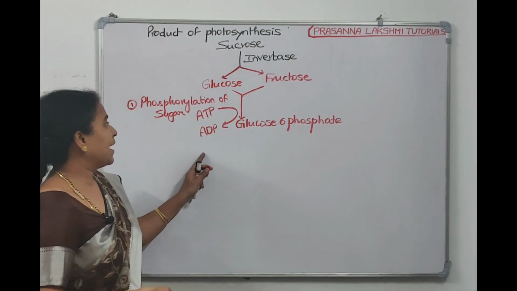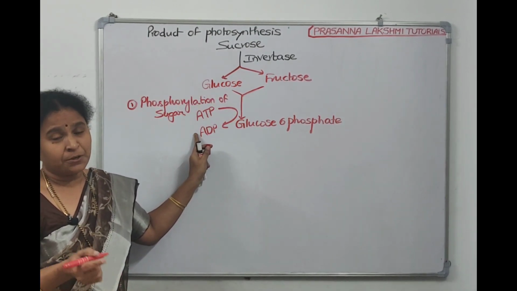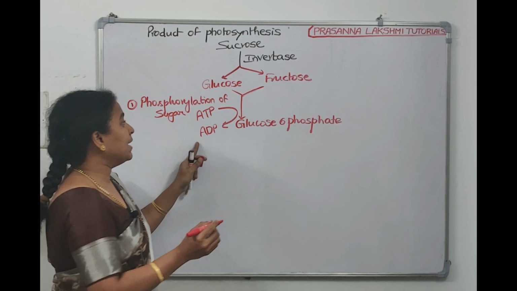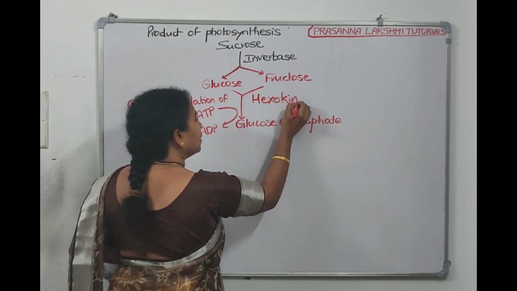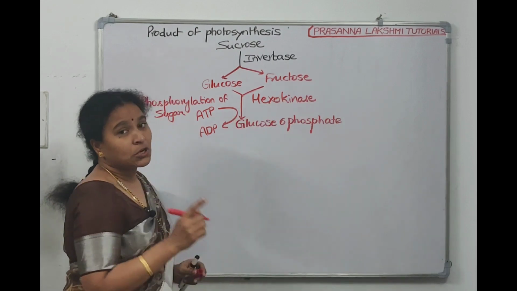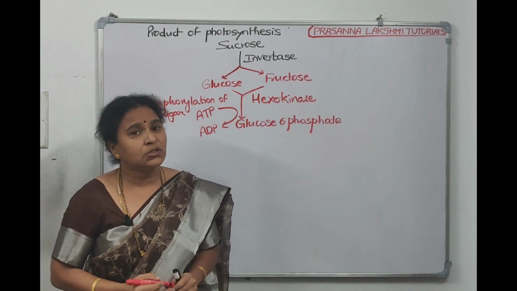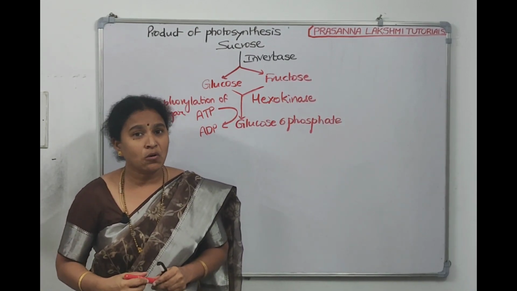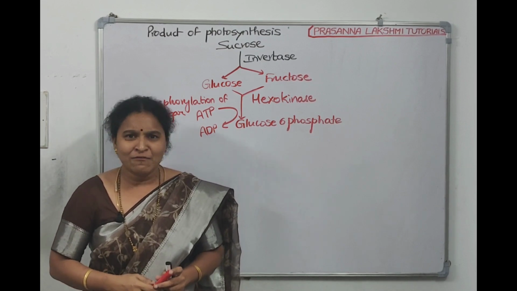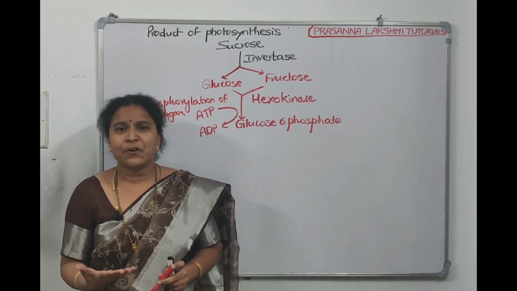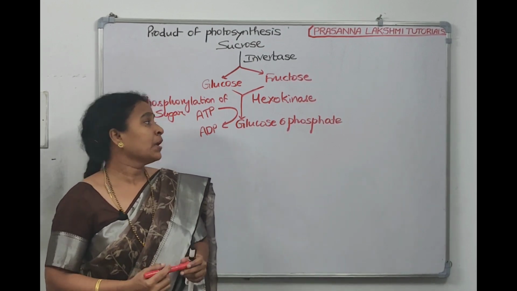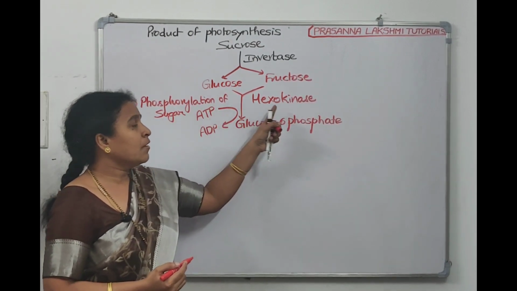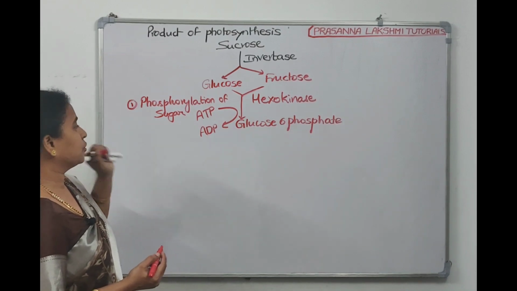This is the first reaction, which is called as phosphorylation. The name of the enzyme is called hexokinase. Why is it called hexokinase? Because hexose is getting phosphorylated, glucose or fructose is getting phosphorylated, and the enzyme is called phosphorylase or kinase. So the reaction phosphorylation, we got hexokinase is the first reaction.